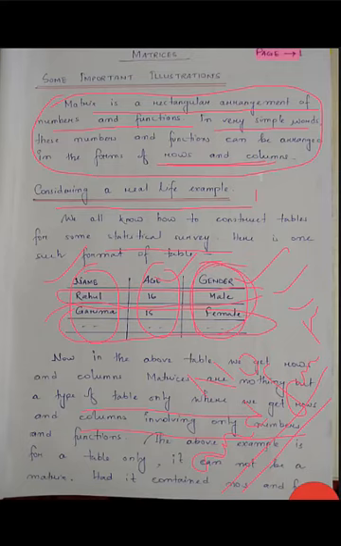Gender cannot be a number. The name of a person cannot be a number. So what conclusion can we draw here? All matrices can be considered to be tables, but all tables cannot be matrices. So there lies a difference, and this can be considered a real life example of matrices.